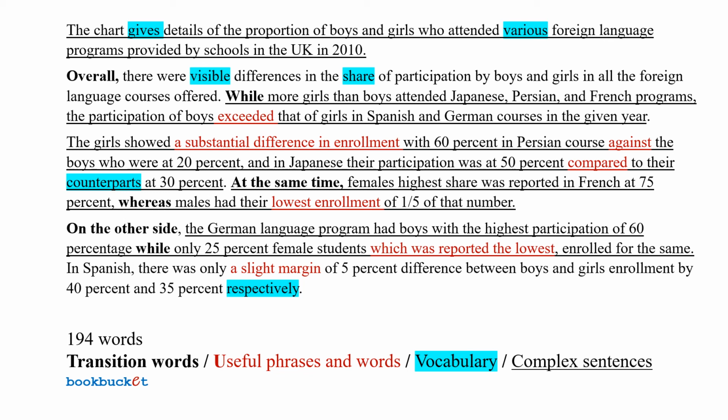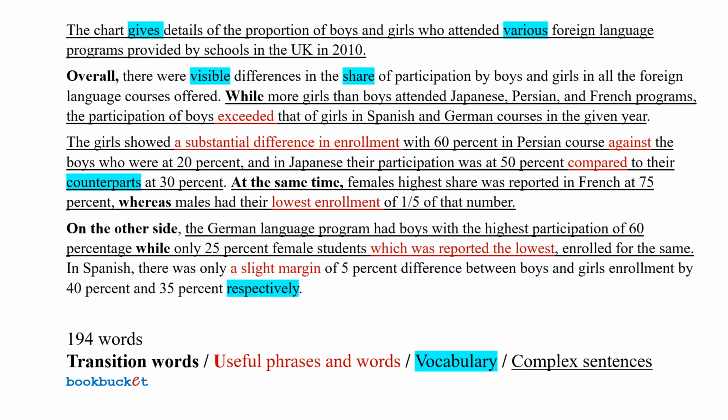Body paragraph 1 has one important information. In body paragraph 2 we have included the second important information. And moreover, we have given a clear overview about the graph, and we have met the minimum word count of 150. The total word count is 194. So in that way we are meeting the first band descriptor.